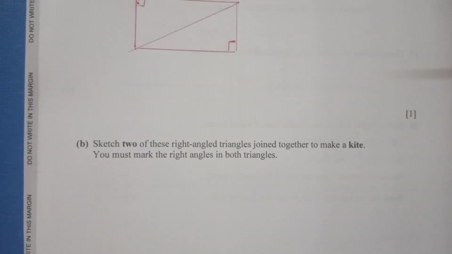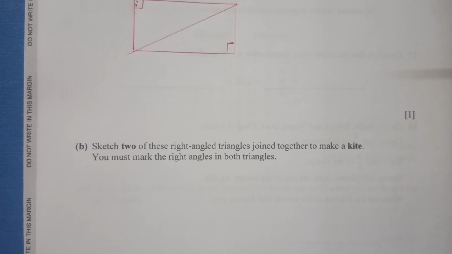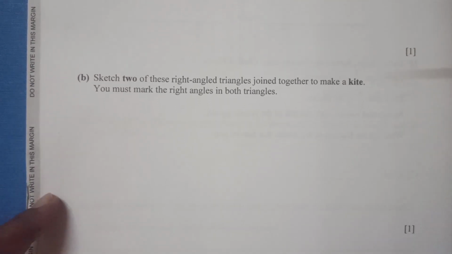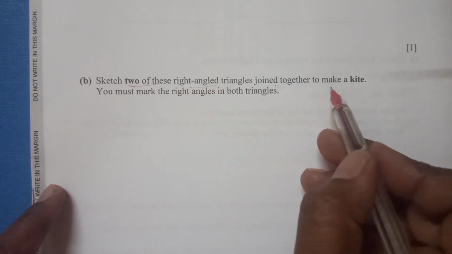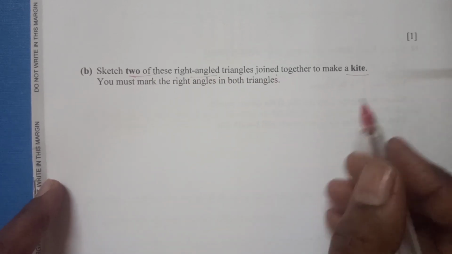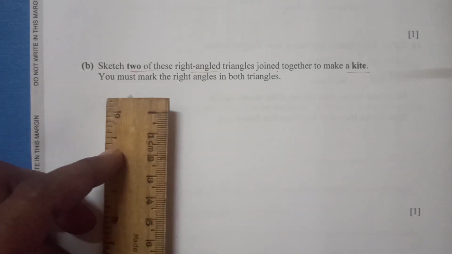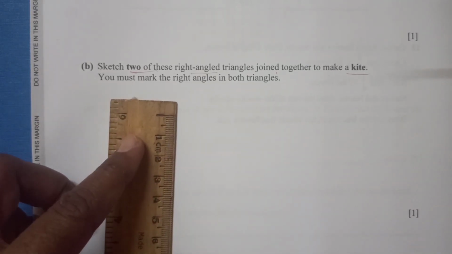Okay, now part B. Sketch 2 of these right angled triangles joined together to make a kite, right? So now we can place these triangles. I can draw the same triangle like this here.